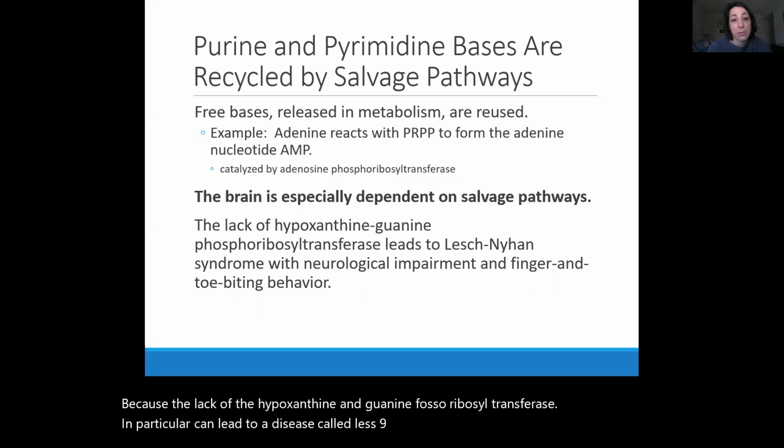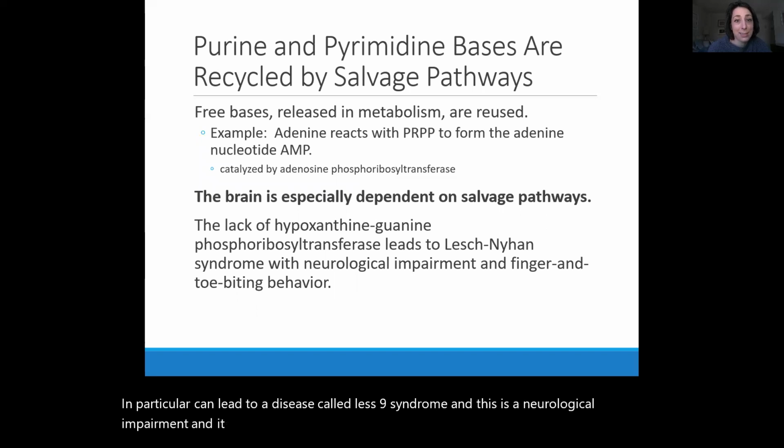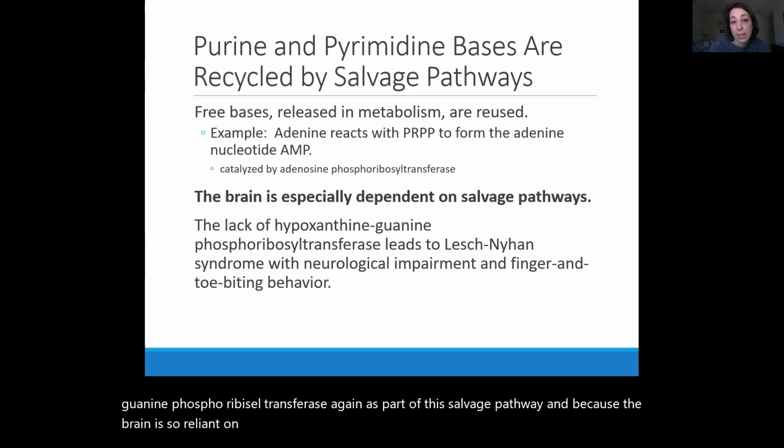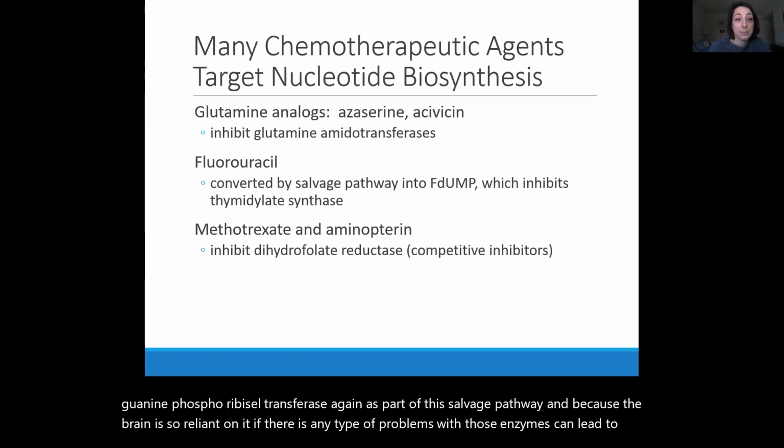And this is a neurological impairment, and it actually results in finger and nail biting. So this enzyme, the hypoxanthine-guanine phosphoribosyltransferase, again, is part of this salvage pathway. And because the brain is so reliant on it, if there is any type of problem with those enzymes, it can lead to neurological diseases.